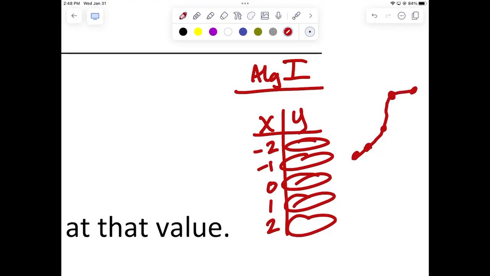That's a very primitive way to sketch a graph. It still works. By all means, pick any values you want, find the y values, plot the points, and connect the dots. But it's very primitive, okay? We don't want to be primitive anymore. We're Honors Algebra 2 students, so we want to graph it judiciously. We want to see if we could sketch this graph with as little information as possible, okay?